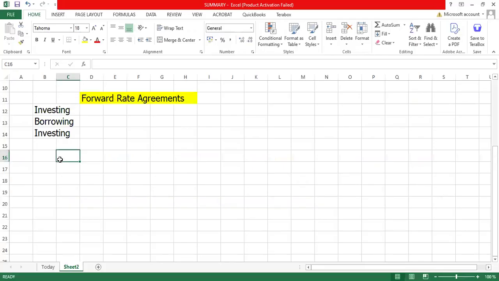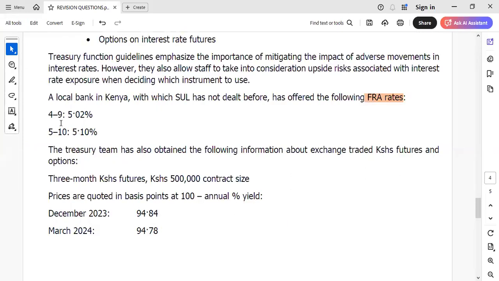Now, as you answered, first of all, you needed to know which forward rate agreement rates you are going to base on. Are you seeing the question paper? Yes. Okay. These are rates.